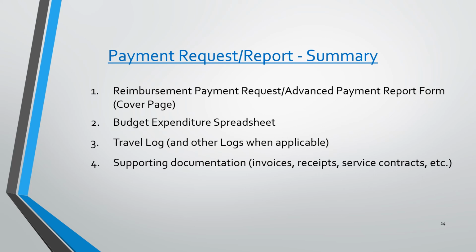Very often it will include a travel log, and then occasionally a gift certificate log, a contract and bidding log, or so on. Then last are all the invoices, cash receipts, service contracts, and so on that support the itemized expenditures that you've listed on the budget expenditure spreadsheet.